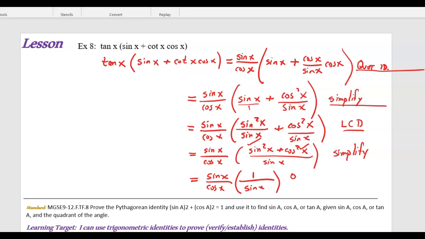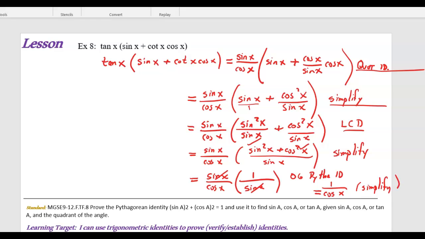How do I know that? That's my OG Pythagorean idea. Then, last step, running out of space. You guys are so much neater than I am. Thank you. 1 over cosine of x. How do I know? I just simplify.